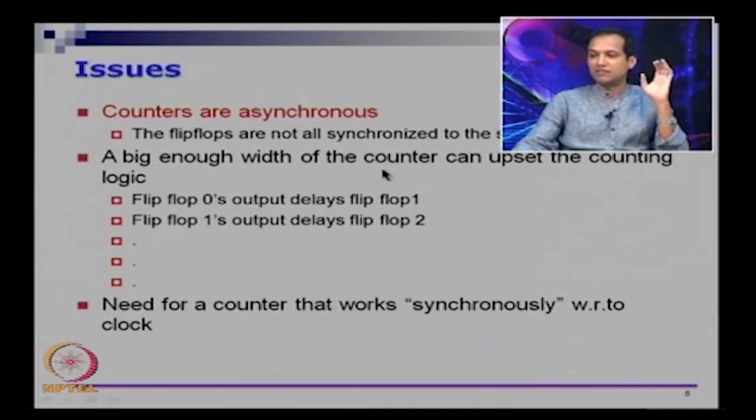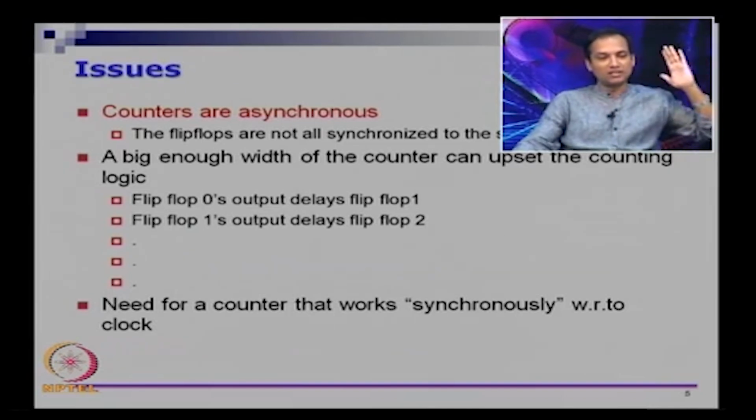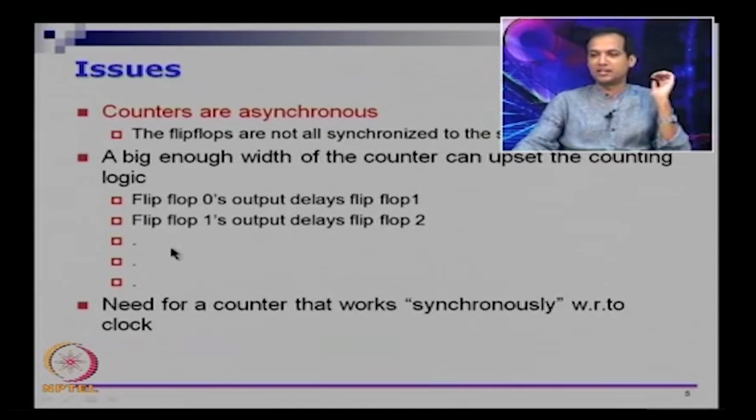A big enough counter can encounter a problem, because flip flop 0's output is going to delay flip flop 1, because flip flop 1 can toggle only when the output of flip flop 0 is ready, right. So there is a clock to Q delay from the input clock to flip flop 0. There is a delay because of flip flop 1, its effect is seen in flip flop 2, the effect of flip flop 2 is seen on flip flop 3 and so on.